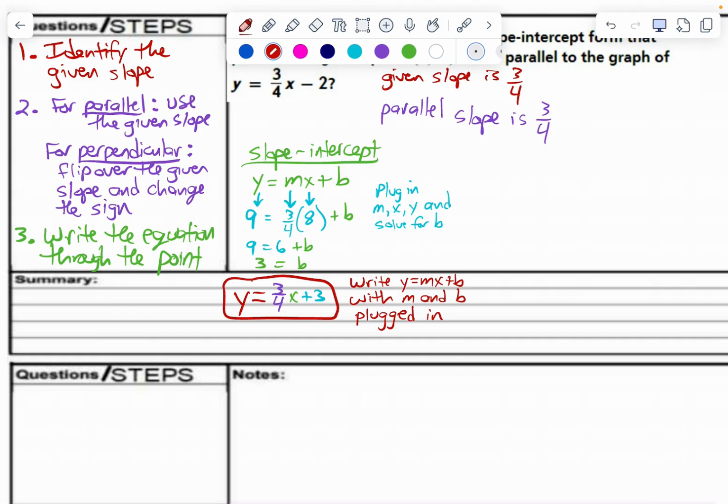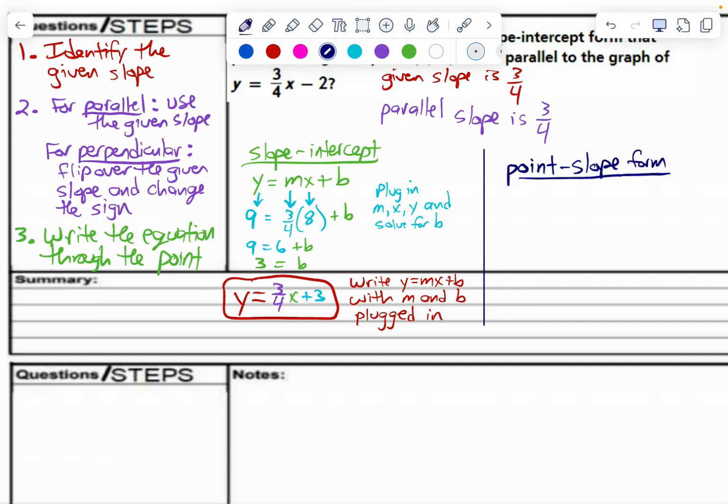All right. If we did this in point slope form, it's actually way faster. All you have to do is plug in the slope and the point and you're done. There's no calculating.